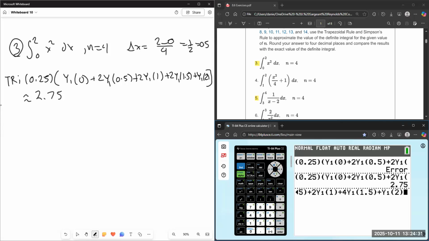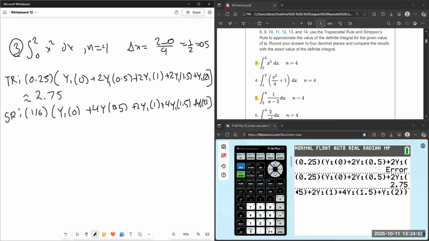And that will be Simpson's rule, which is going to be 1/6 times y1 of 0 plus 4 y1 of 0.5 plus 2 y1 of 1 plus 4 y1 of 1.5 plus y1 of 2. And this is approximately 2.6667 when we round to 4 decimal places.